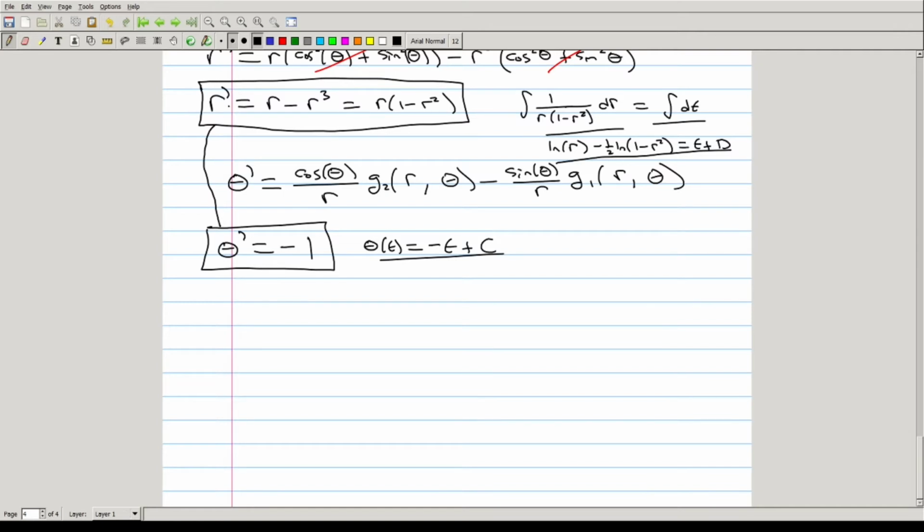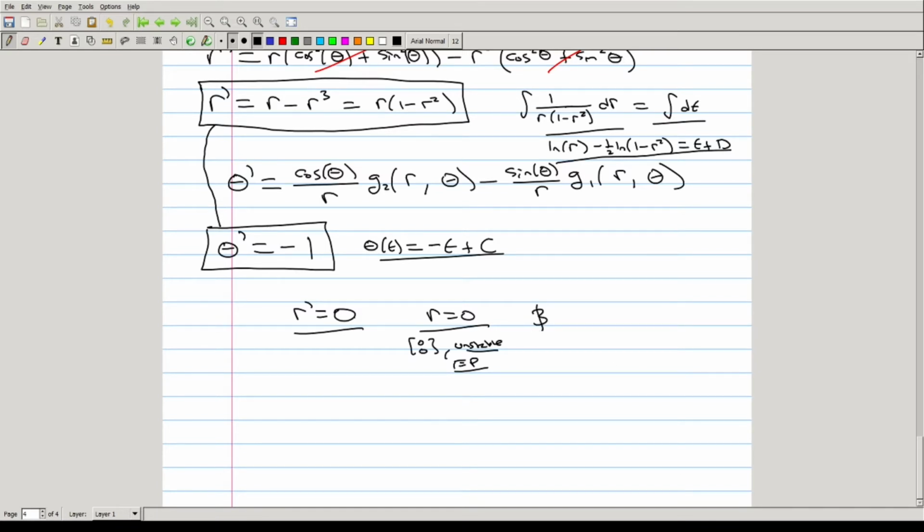However, there is an r nullcline. The r nullcline is when r prime is equal to 0, which only happens when r equals 0, which is at the point 0, 0, which is an unstable equilibrium point.